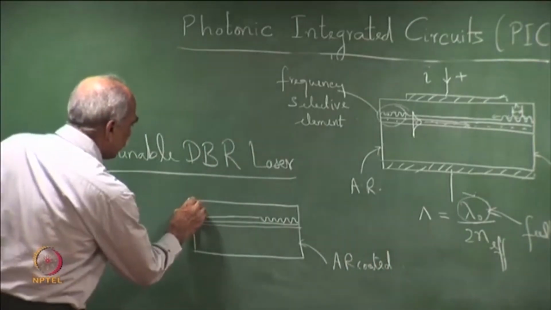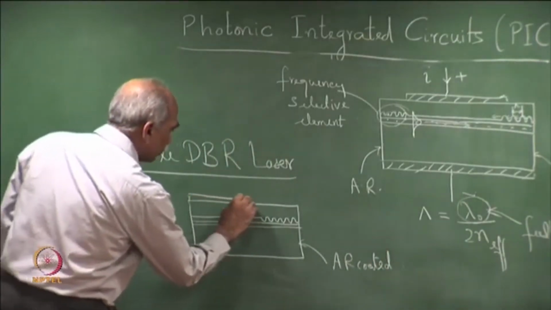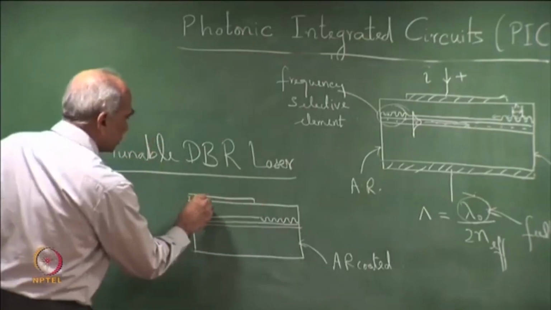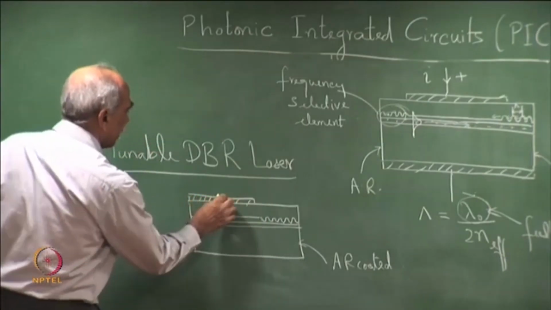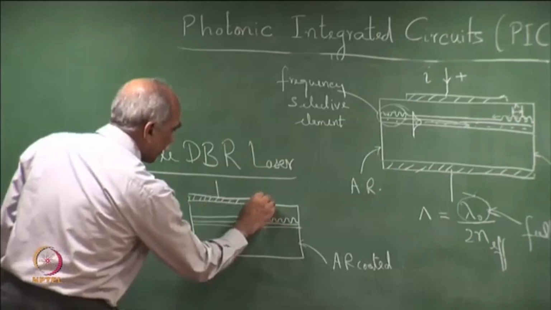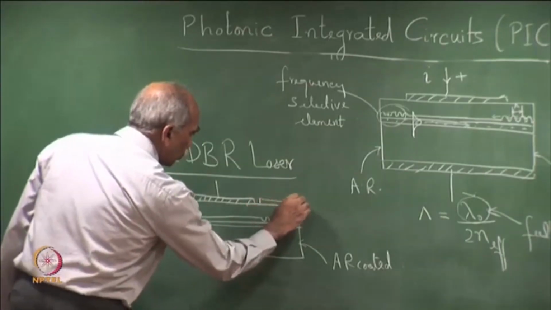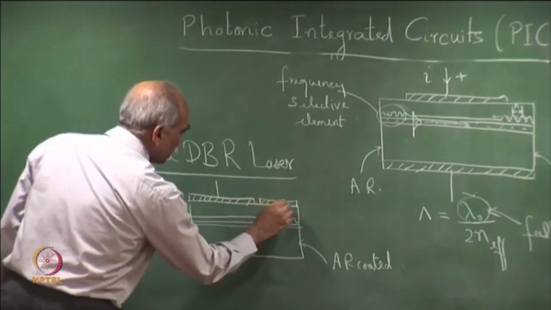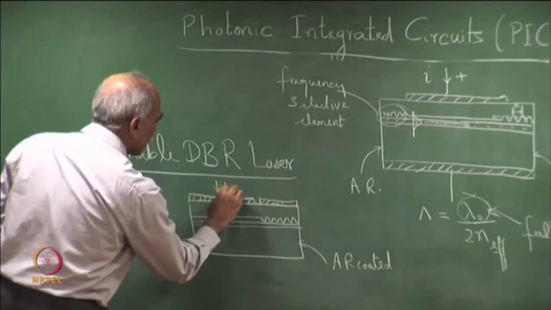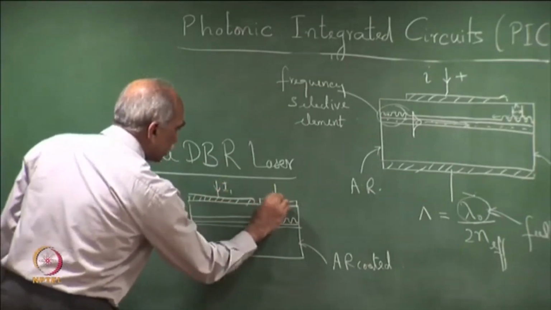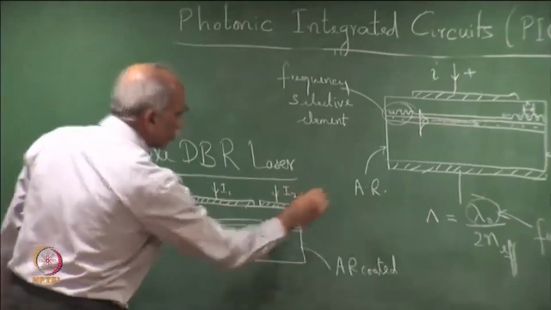This has two separate electrodes now. So, the laser is treated as a 2 segment device here. There are 2 electrodes. So, there is current I 1 and current I 2.